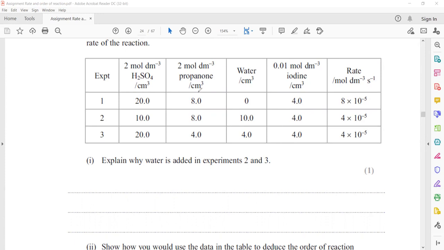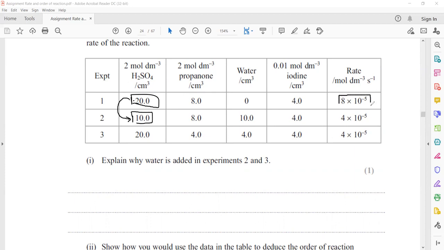Now, how can we work out the rate equation of this reaction? If we are using this 20, and now we took 10 cm cube, what happened to the rate?